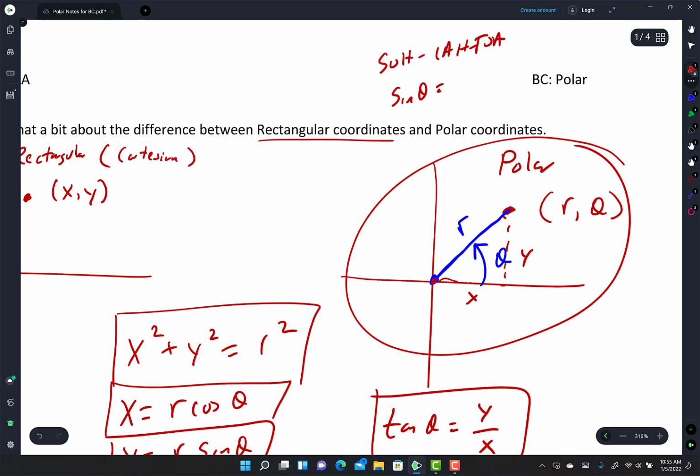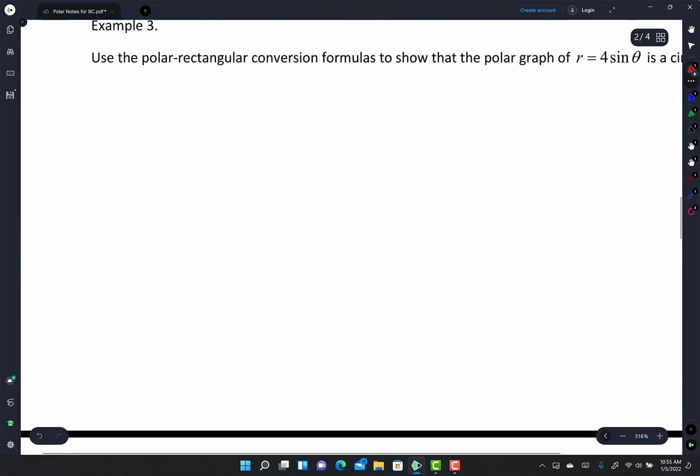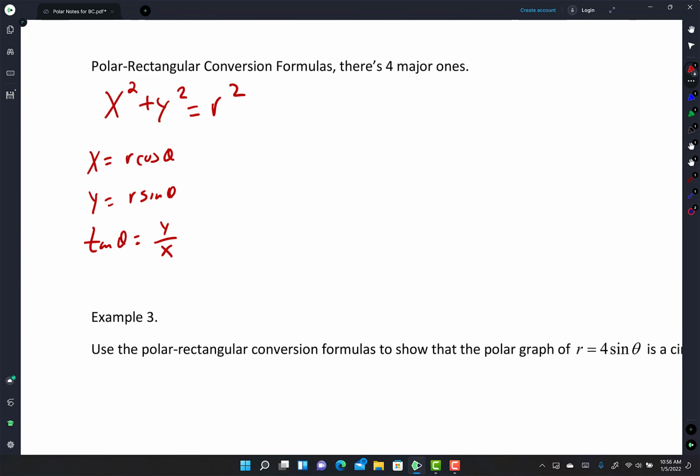Sine theta is equal to opposite over hypotenuse, y over r, so times r, y equals r sine theta. Same thing with the x. Cosine theta equals adjacent over hypotenuse, x over r. So times r, x equals r cosine theta. So all of these formulas can be derived. I don't want you to think that we just came up with them.